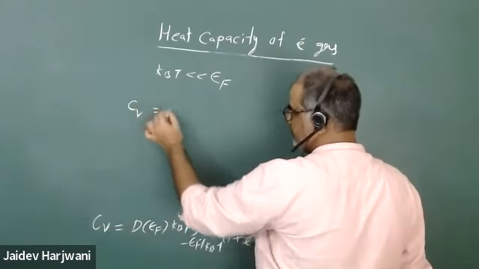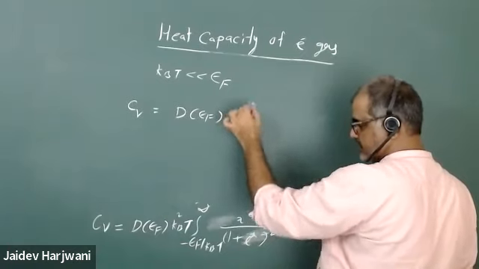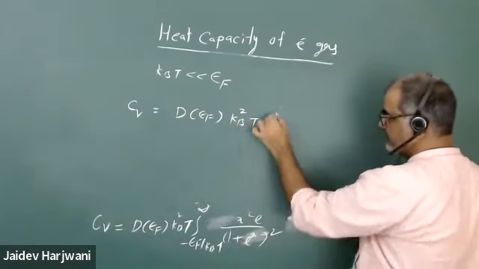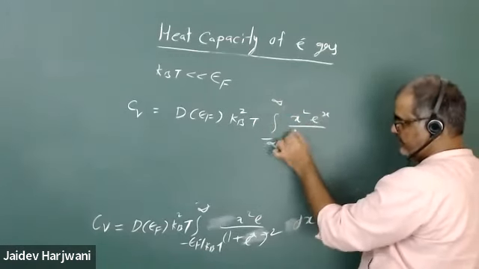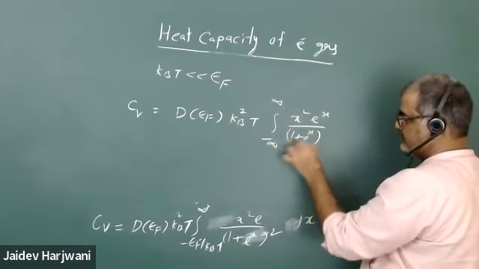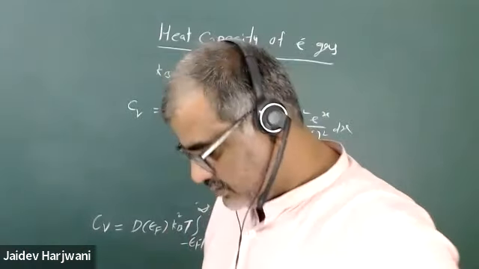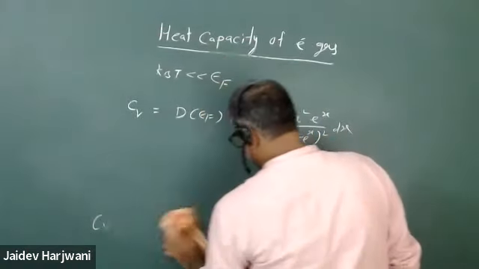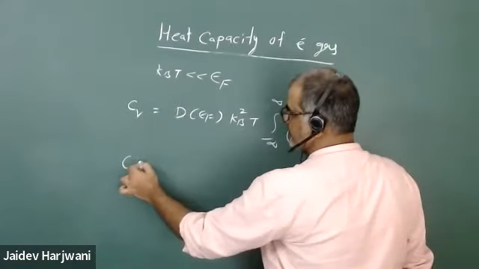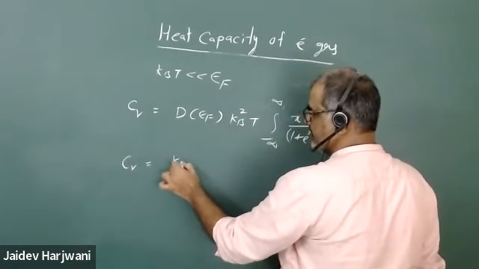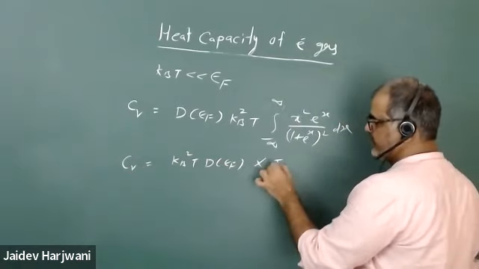So this will give me C_V equals dN/dE_F, kb square t, times the integral from minus infinity to infinity of x square e^x over (1 plus e^x) square dx. Just check it, I'm doing it, right or wrong. Now this is a standard integration. This integration value is pi square by 3. So I get kb square t times dN/dE_F, and this integration is pi square by 3.